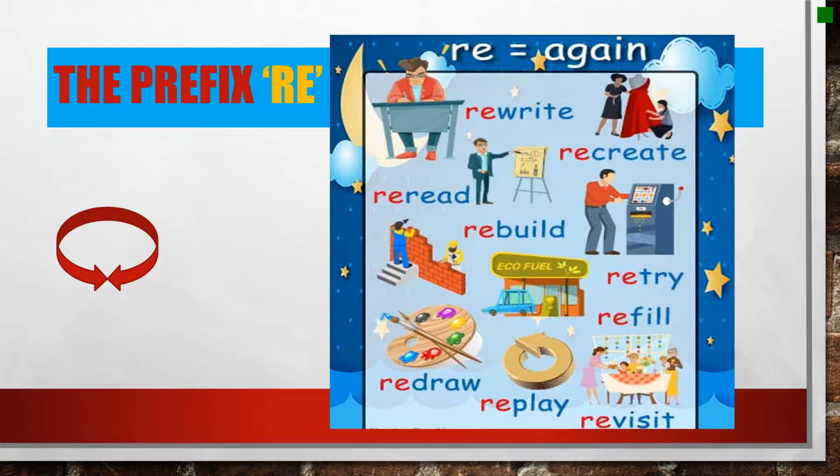Rewrite, recreate, reread, rebuild, retry, refill, redraw, replay, revisit. Sometimes we have things like recount or recycle, you know that word. All of these words start with the letters RE or the prefix re. What does it mean? It simply means again.